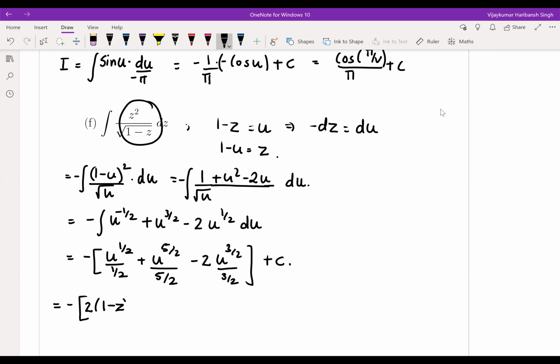So 1 minus z to the power half, plus again dividing by 5 by 2 is the same as multiplying by 2 by 5, 1 minus z to the power 5 by 2, minus 4 by 3, 1 minus z to the power 3 by 2, plus c. So this is your integral, right? Okay.